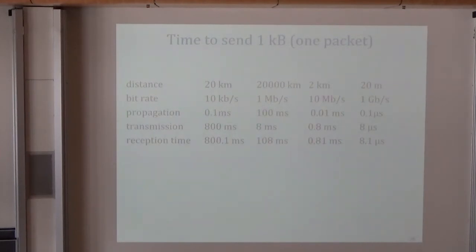In this case, the propagation time is 100 milliseconds and the transmission is 8. In other words, when I'm sending one packet, 1 kilobyte is probably one packet, it takes much, much more time for the propagation than the actual transmission. So we have those two extremes here. And as we will see in a minute, this shows up in the design of some of the protocols.